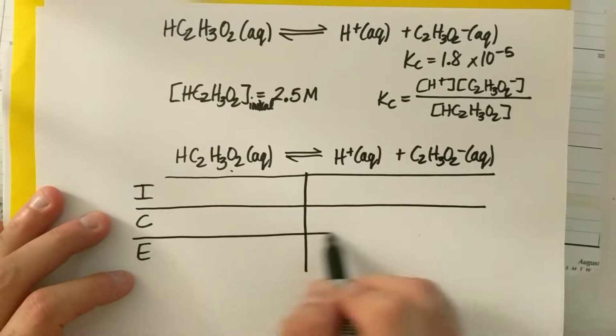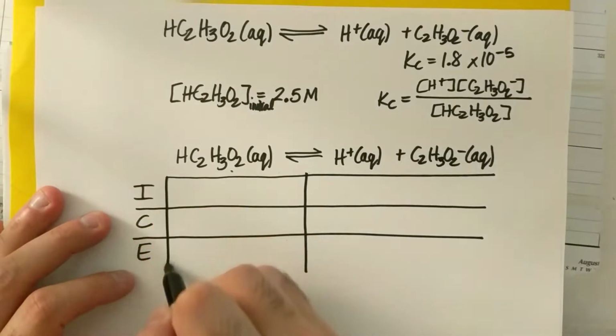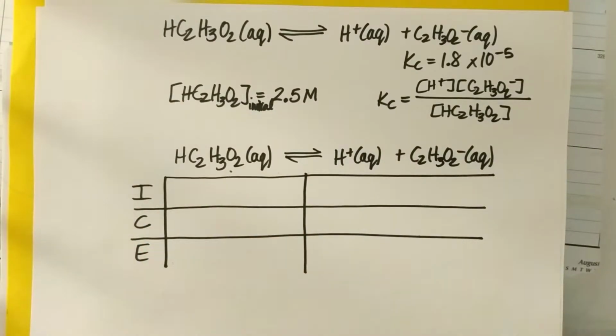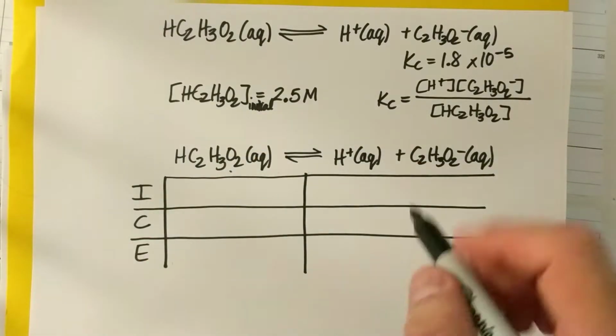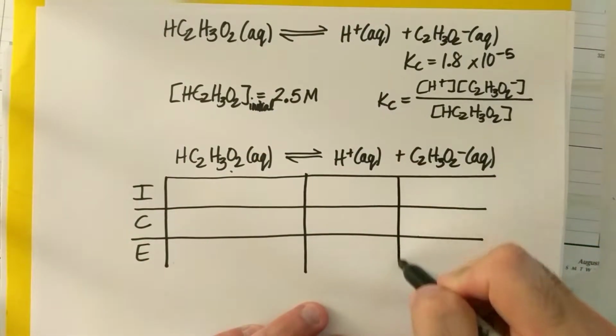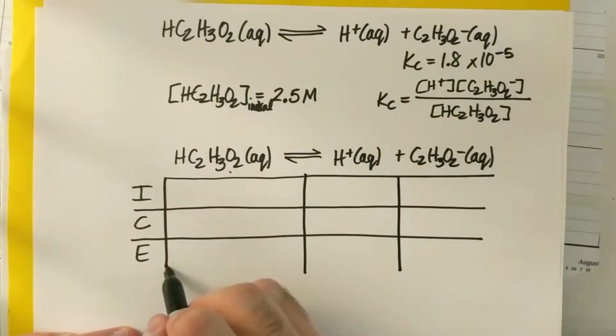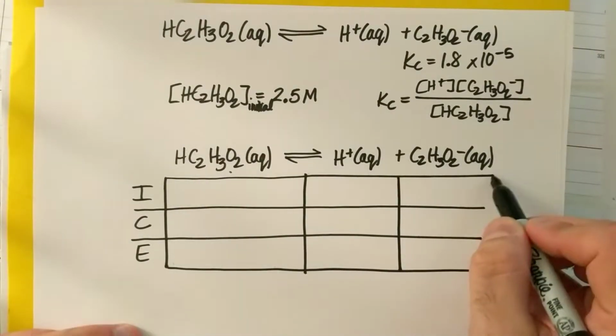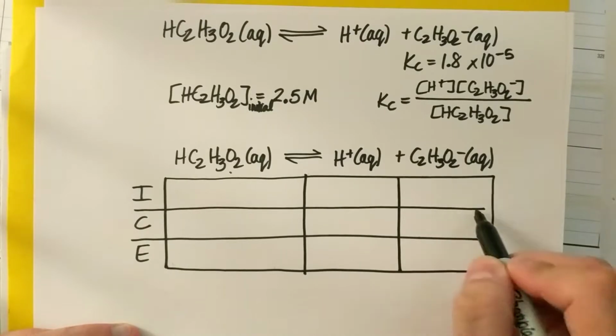And it's really important that you learn to love these ICE tables for these types of reactions, especially acid-base chemistry, because in showing your work in this way, it helps the AP graders understand what you were doing and where your mess up was. And so if you mess up in a calculation here, then you could carry on these calculations in the next steps and it'll be fine. If they don't know where you got your numbers from, that's a problem.